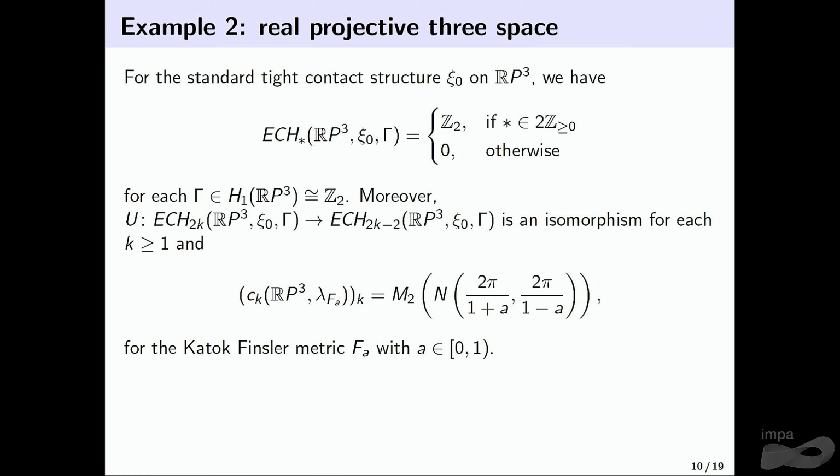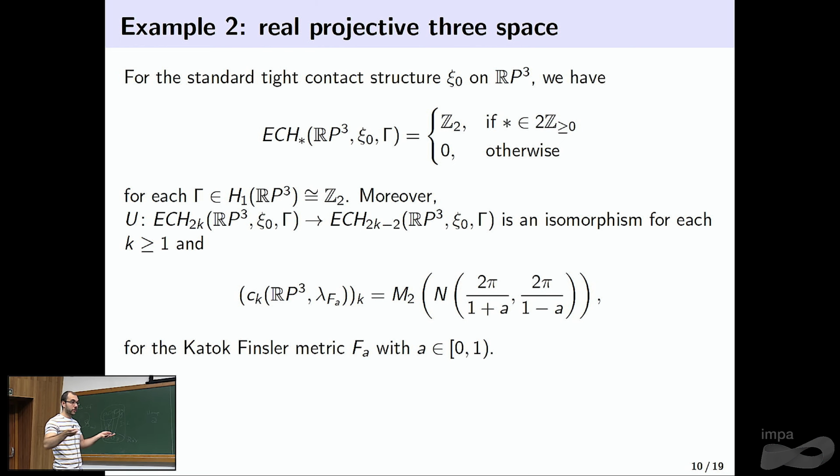Okay, so if you put a 0 here, and you can do this because the ECH spectrum is kind of continuous, you recover the case of the round metric, and by a classification due to ABHS, Abbondandolo, Bramham, Hryniewicz, and Salomão, we can conclude what the ECH spectrum is for any Zoll contact form on RP3.